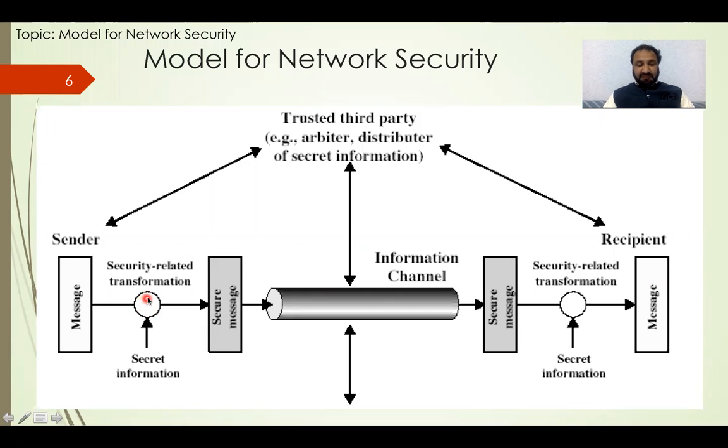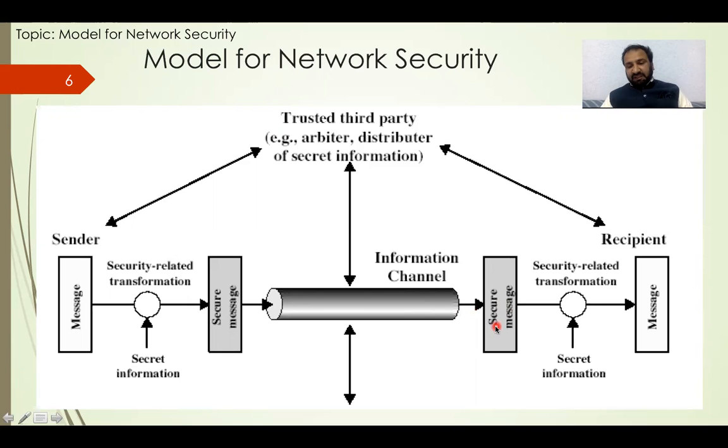You have some kind of algorithm here, and then you have a secret information which we discussed as the key. This key will be provided to this plain text, and then this plain text will be converted into a secure message. This means the message is converted into ciphertext, and then this message will be sent over the network. This will be a private or a public network. Using this channel, the secure information will be sent to the receiver.